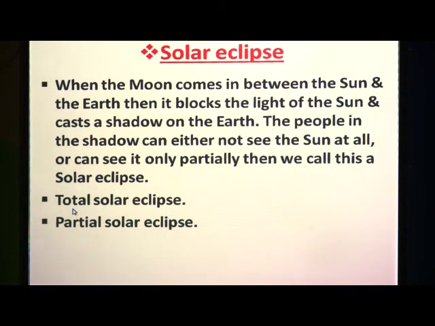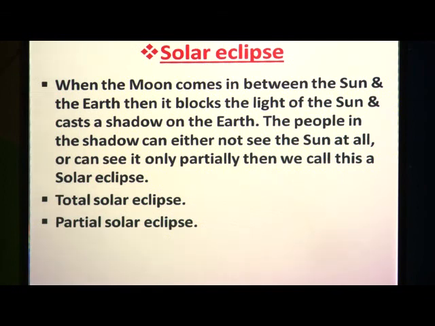This condition is known as a solar eclipse, and there are two types of solar eclipses: total solar eclipse and partial solar eclipse. So, what is meant by a total solar eclipse? When the sun is completely blocked by the moon, then we experience a total solar eclipse.